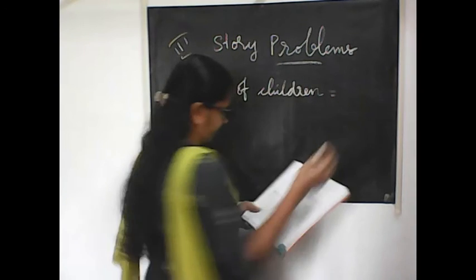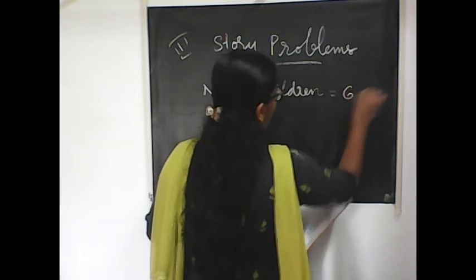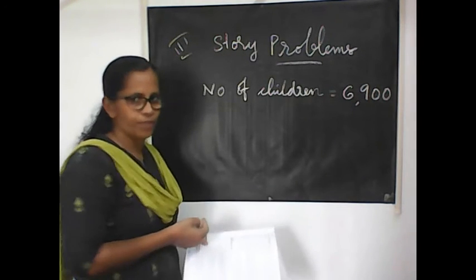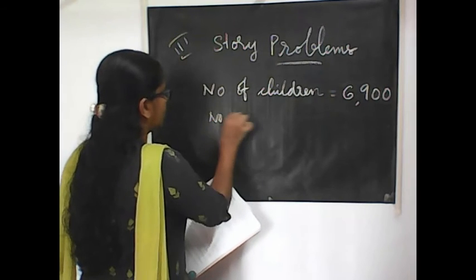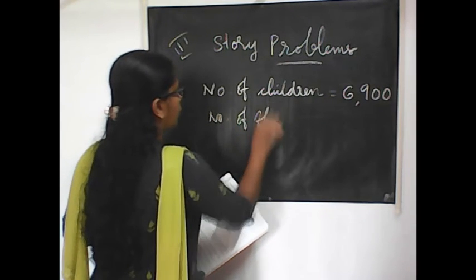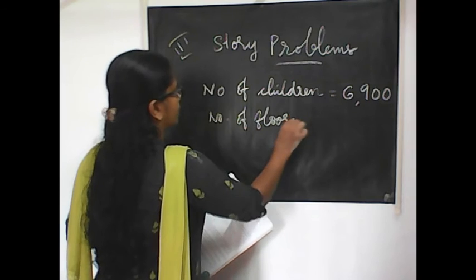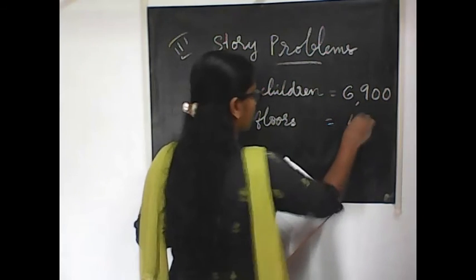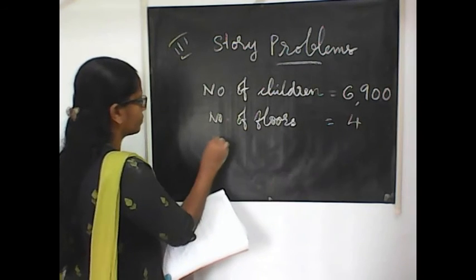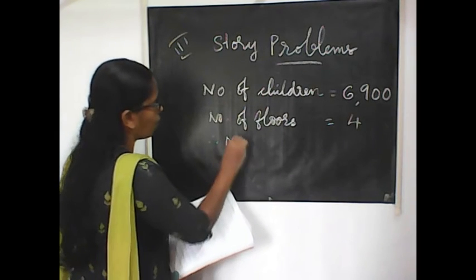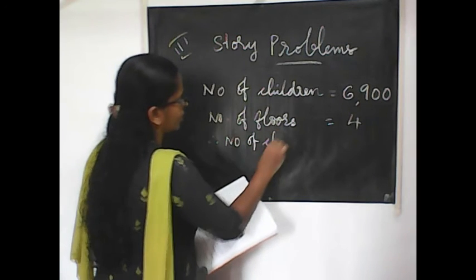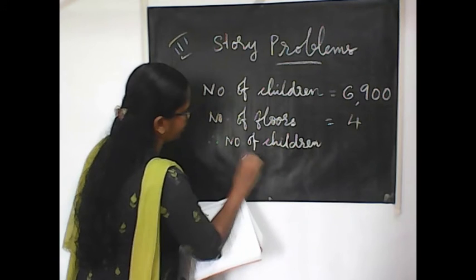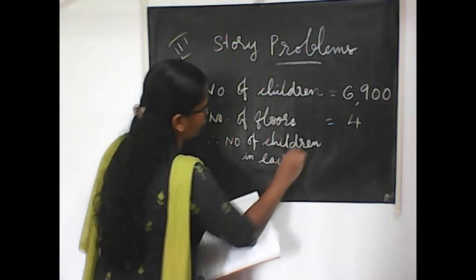How much is it? 6,900. Second step: number of floors. How many floors are there? It is also given clearly. 4. Therefore, number of children in each floor.